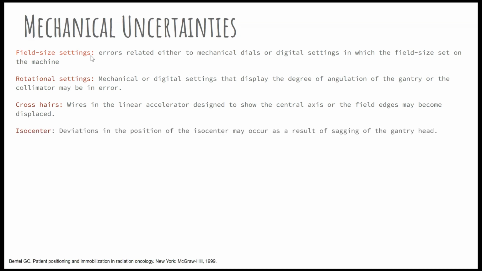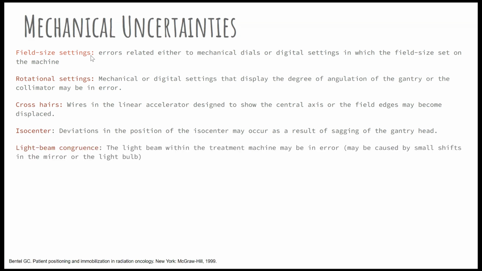There might be deviations in the isocenter because of sagging of the gantry head. There might be light beam incongruence, which means that we cannot see the radiation portal by naked eye, but we can see light. So we have a light beam which shows us what the radiation portal might look like, but there might be incongruence between the two.